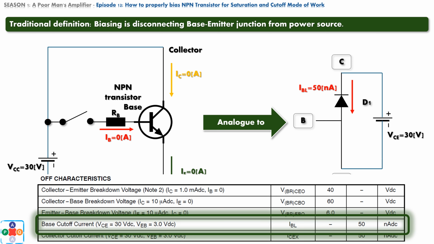So, in real life, even when the transistor is in cutoff mode, there is still a small current present. This current is often disregarded, as its value is in range of nanoamperes, that is in range of 10 to the power of -9. However, it is there, and if that is something that is important in your circuit, you should take this into your calculations. For all other practical purposes, this current is considered non-existing.